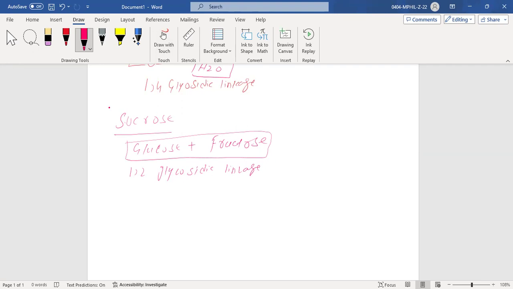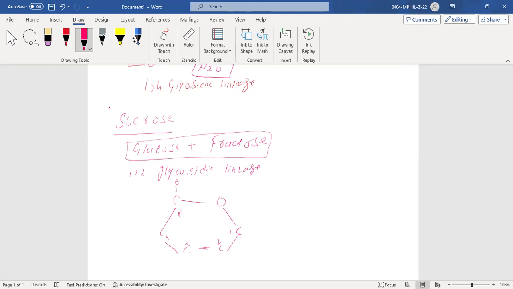For example, we can draw it here. Suppose you have one glucose, as usual, the glucose is the same here. It's carbon 1, 2, 3, 4, 5, and 6. One thing you should keep in mind: in case of fructose, you will have some difference in the structure.